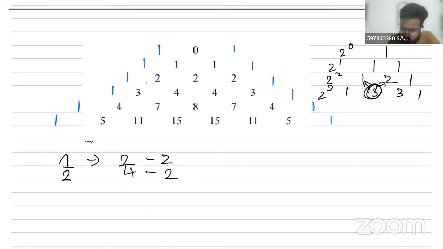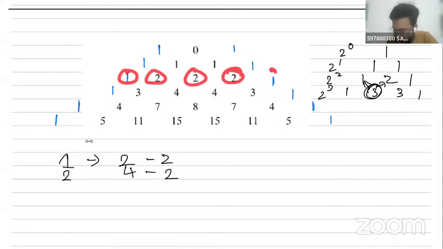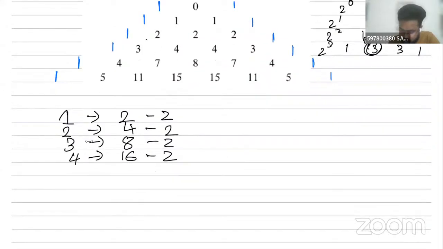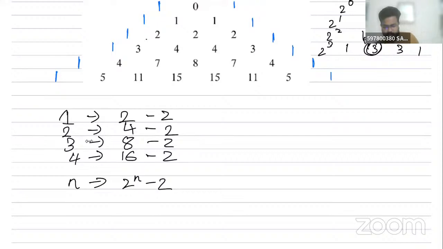And then my next layer, all these four numbers are doubling. We see over here 1 plus 2 plus 2 plus 2 plus 1, which comes out to be 8. So our third layer is 8 minus 2. Same way, the fourth layer is 16 minus 2. So our nth layer is actually 2 to the power n minus 2. And this is half of our problem complete.